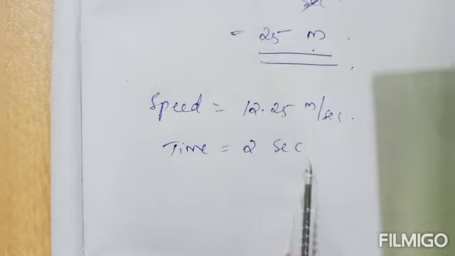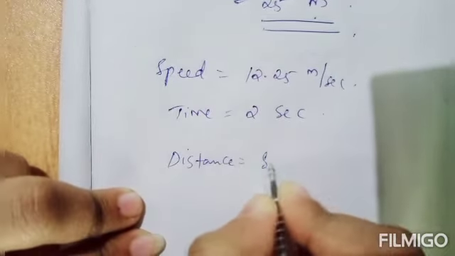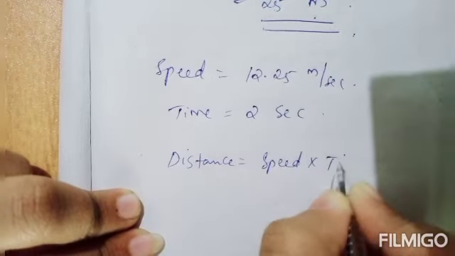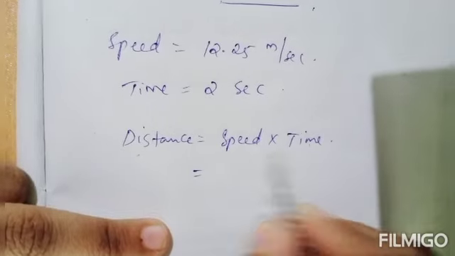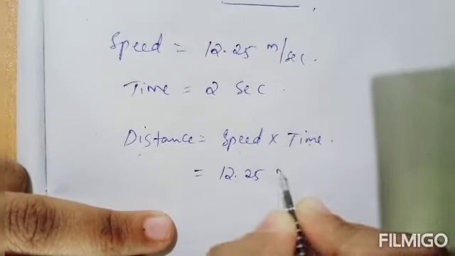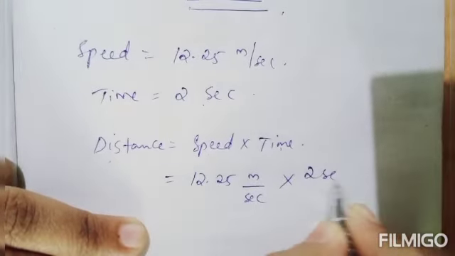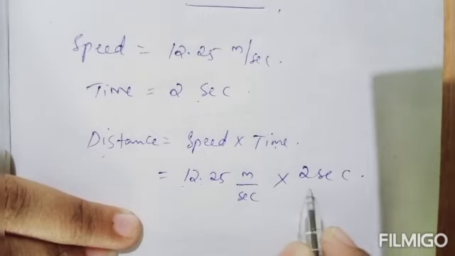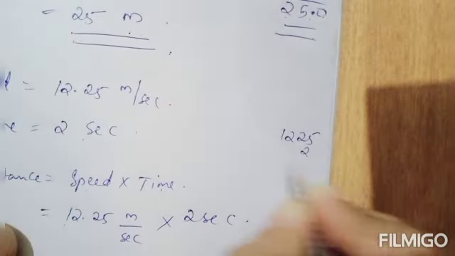So time we can take 2 seconds. Again we can use distance equal to speed into time, this formula. Okay, in order to find distance you have to multiply speed and time. Now speed it is 12.25 meter per second into time it is 2 seconds. Okay, so 12.25 into 2. You can multiply 1225 into 2.